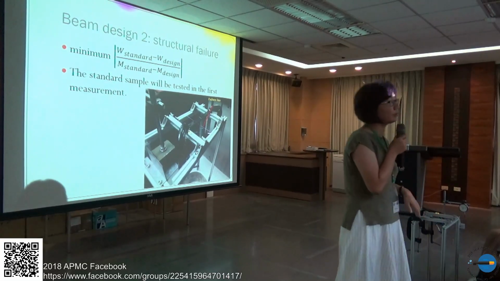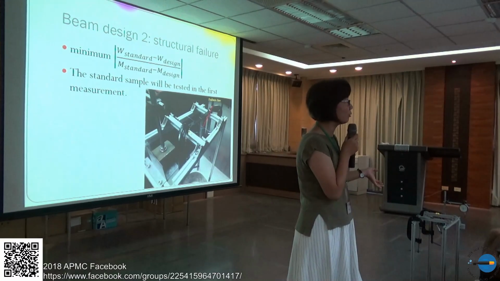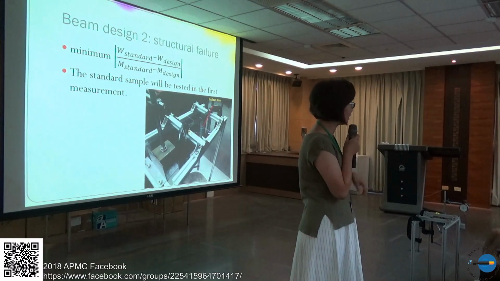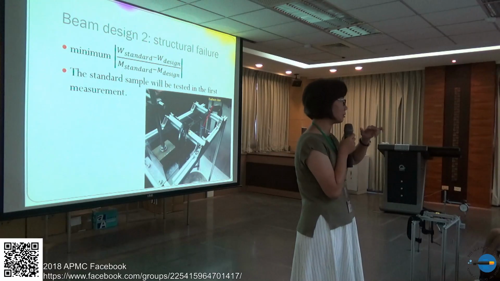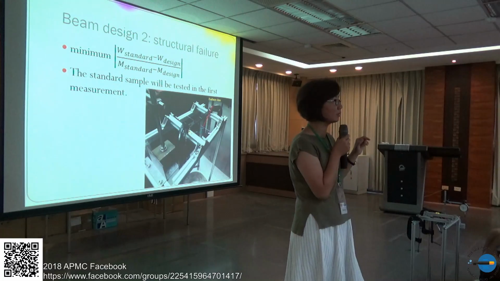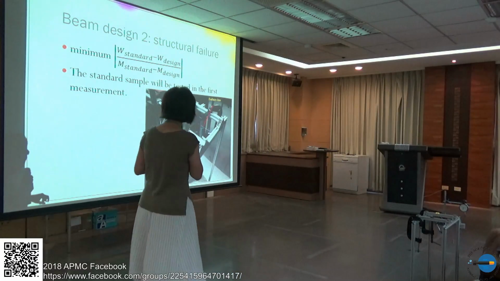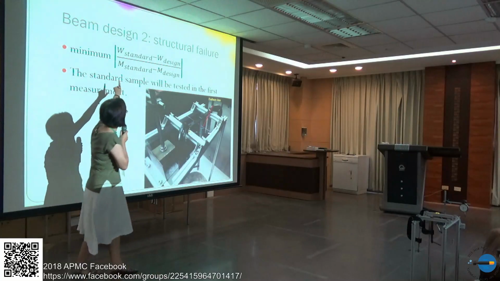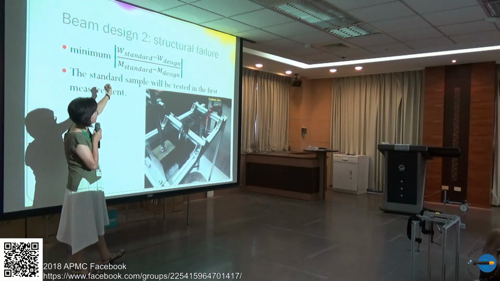Because sometimes you cannot really break your beam, we will decide that value on the maximum displacement. The maximum displacement is about 2 centimeters at the center part of your beam. Today we will get this value, W standard and mass standard.